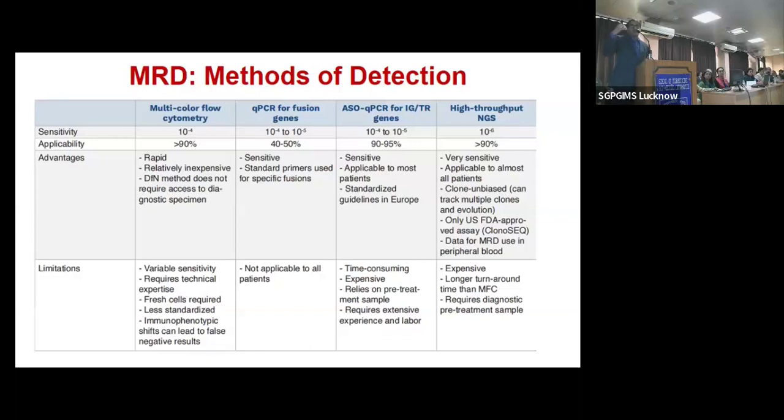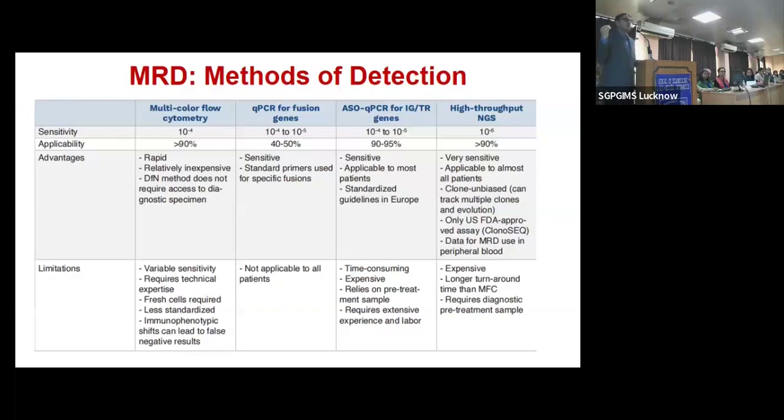And the advantages of high throughput NGS or the molecular approach is that it is very sensitive, applicable to almost all patients, and clone unbiased, and can track multiple clones and their evolution. But the rider is that its widespread applicability is still a challenge in our country because the cost is exorbitant. The labs which are doing it are few, and the manpower is not well trained.